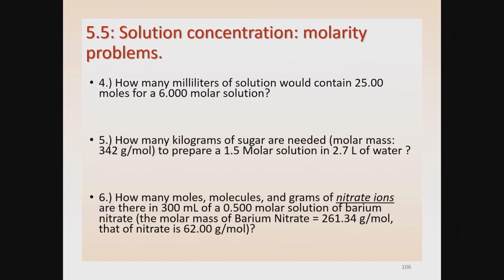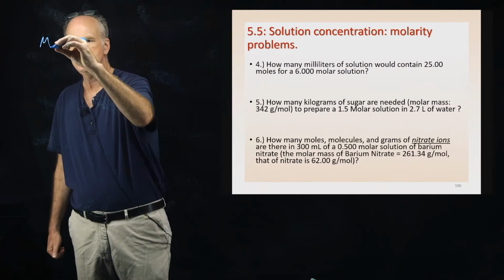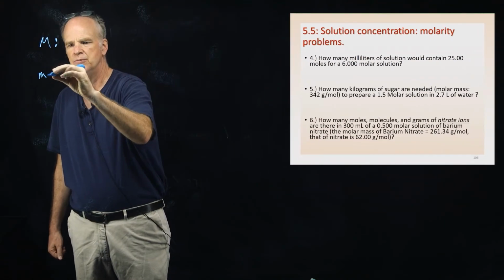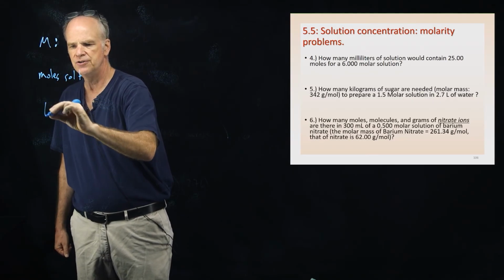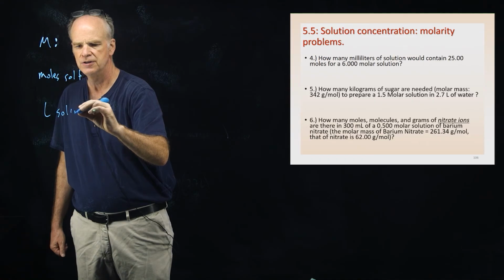How many moles, molecules, and grams of nitrate ions are there in 300 milliliters of a 0.5 molar solution of barium nitrate? Yikes. Okay, so let's see how we're going to set this up. So molarity here, moles of solute here, and liters of solution here.